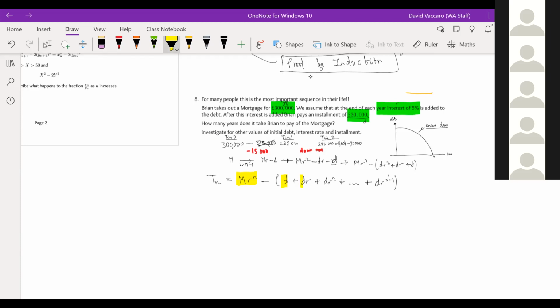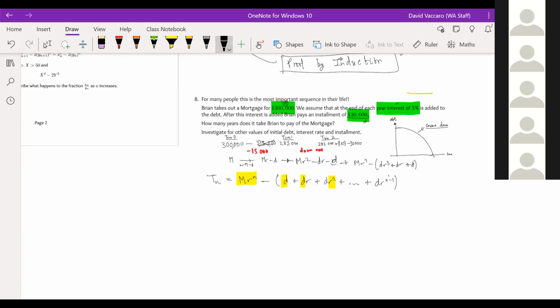The installment that he paid a year ago, that was 1 year in the past. And what happens to the debt each year is it gets multiplied by R. The installment that he paid 2 years ago, it's as if interest has been added on that installment twice. And then the installment that he added at the end of year 1, it's like interest has been added n-1 times.